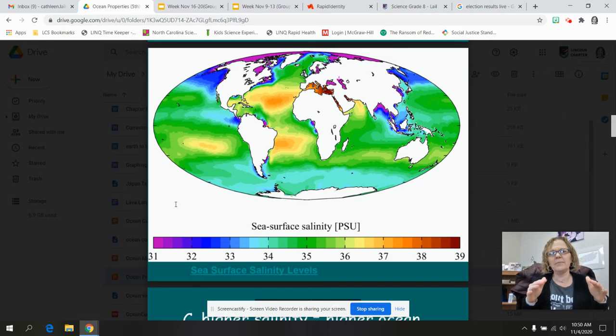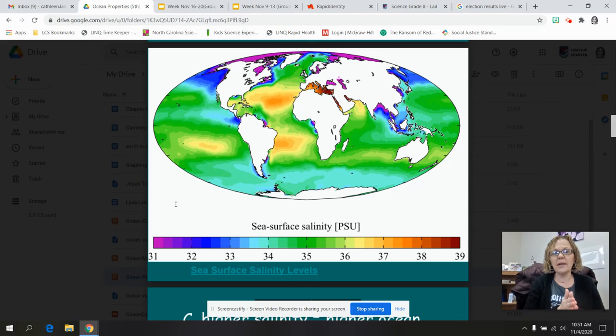It's pretty much the same, okay? And we'll talk about those zones of our water column in our next unit. We've got the surface, the transition, and then the deep. And once we get to that transition zone, the salinity level is pretty constant.